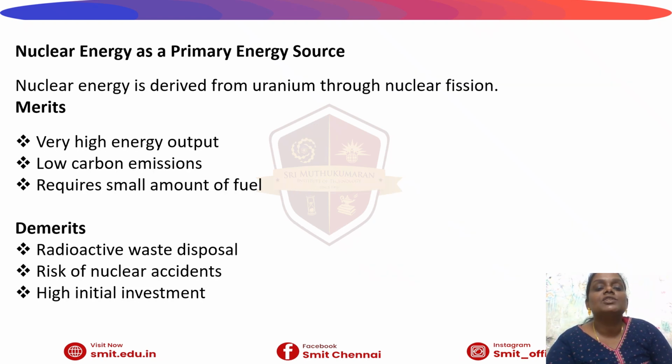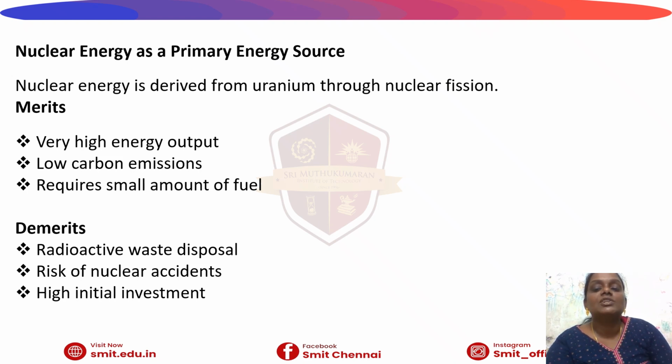Nuclear energy as a primary energy source. Nuclear energy is produced from uranium by a process called nuclear fission. And the merits and demerits are there. In merits, it is very high energy output, low carbon emission, small amount of fuel needed. And in demerits, radioactive waste problem, risk of nuclear accidents, high initial investment.